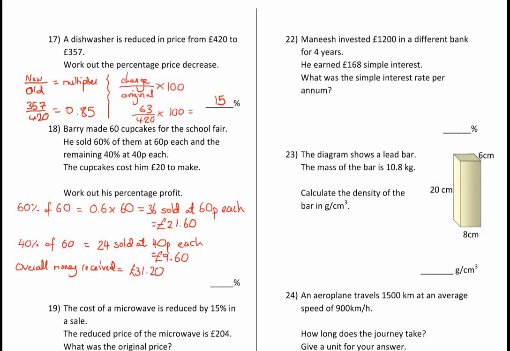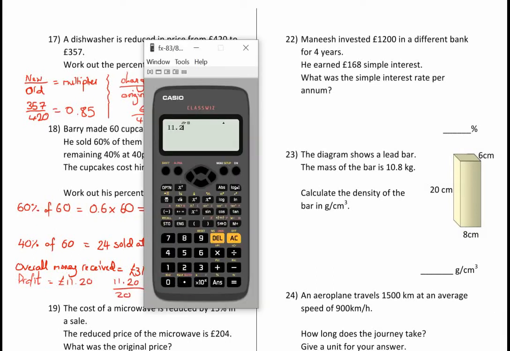And the cost was £20, so the profit is £11.20. Percentage profit is £11.20 divided by the costs times 100. That's 56% profit.